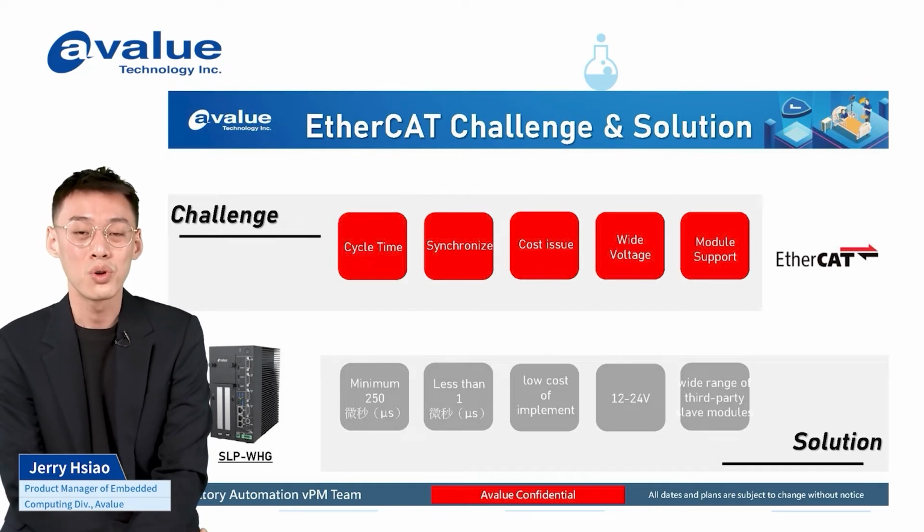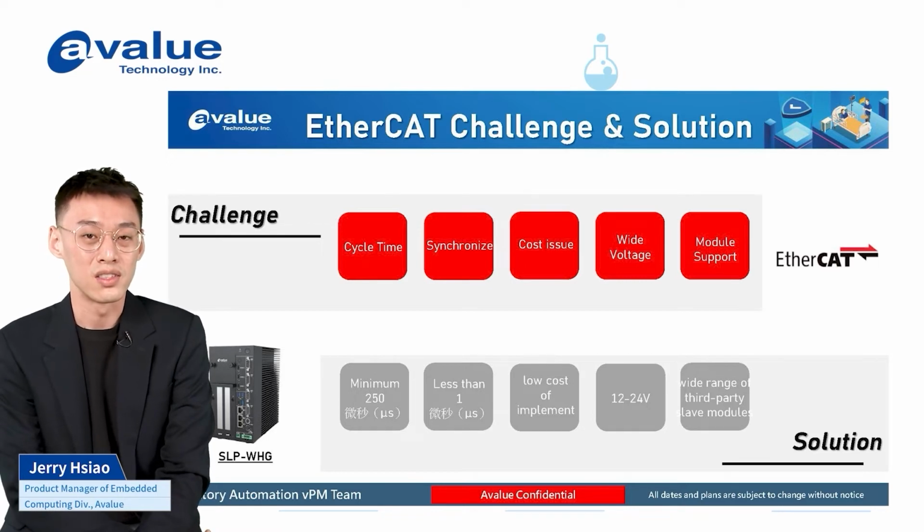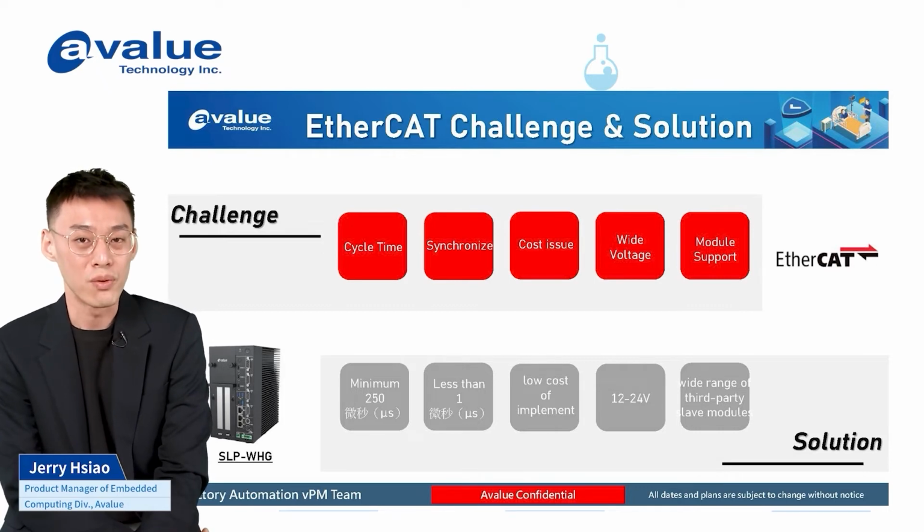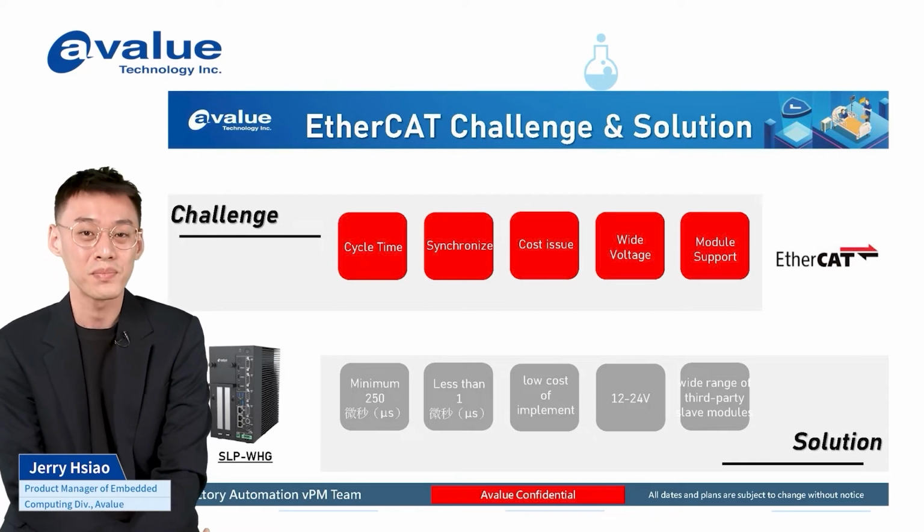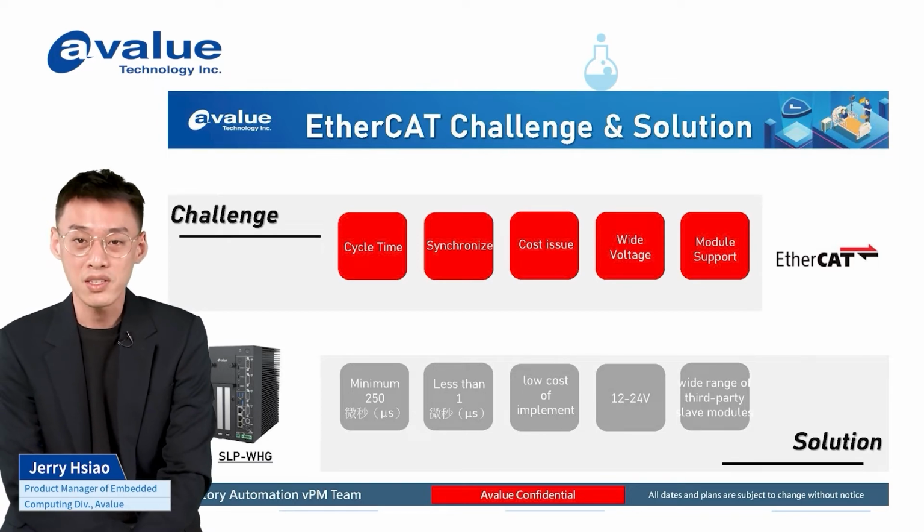So we want to make sure that we can offer the data from the data frame, combined with all the information, into our EtherCAT solution. And apart from the EtherCAT solution itself, we want to make sure that our IPC solution is also suited to this application.